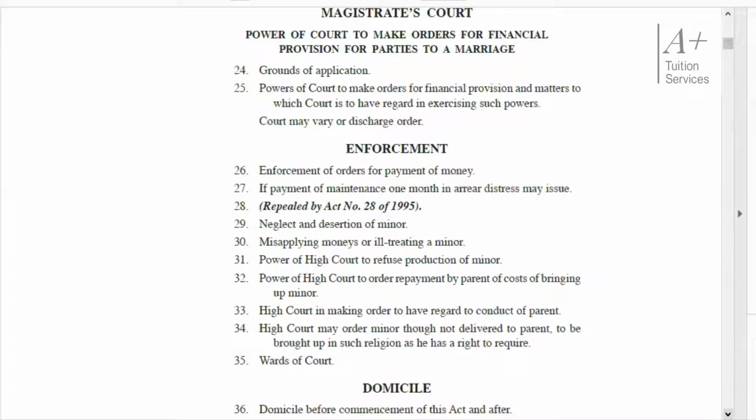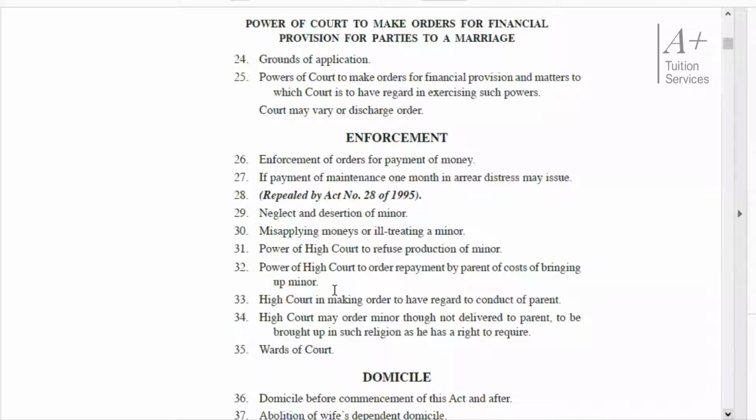That father will be ordered by the court, signed by a judge, to pay maintenance for his children, and failure to do so can lead to imprisonment. We have laws related to neglect and the destitution of a minor. So for people who choose to neglect their children, there are laws for that as well.